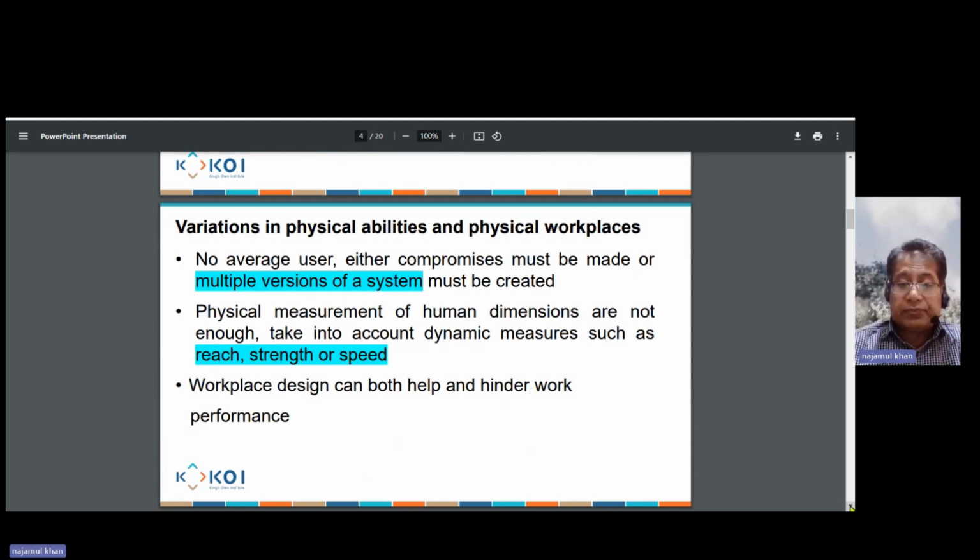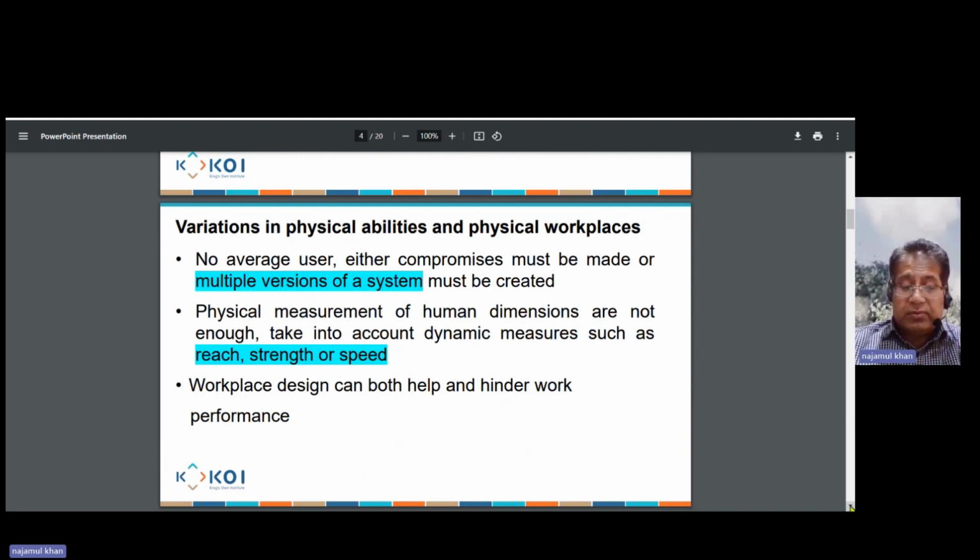So, physical measurements can play a big role, and we can look at different human dimensions, which in some cases are not enough to take into account dynamic measures such as reach, strength, or speed. That's why many workplace designs can either help or hinder work performance.